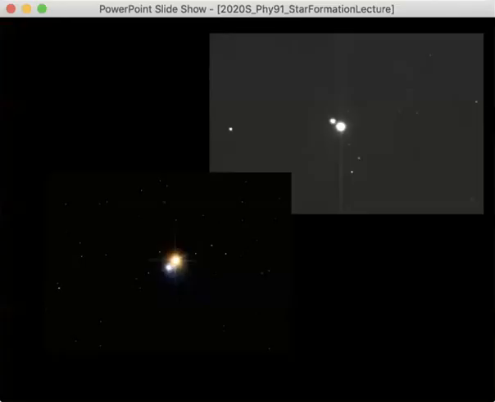And we've already seen some examples of this in class. You know, Albireo, we think, is an example of a binary star system. And then here's another example of what we call a visual binary, two stars that are close by, clearly orbiting one another.